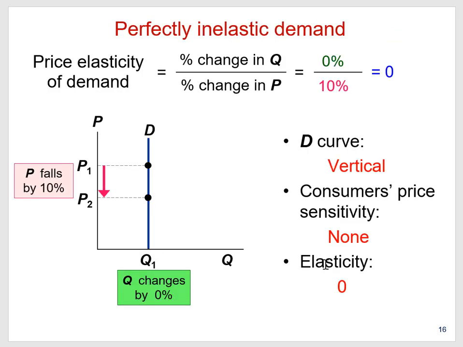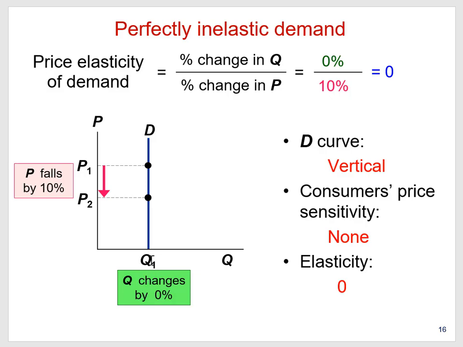So let's look at an example here. Price elasticity of demand, as you can see, is calculated using this formula: percentage change in quantity demanded over percentage change in the price. When the demand is perfectly inelastic, it will be a vertical line, and no matter by how much the price changes, only a single quantity is consumed or demanded. So quantity doesn't change at all.